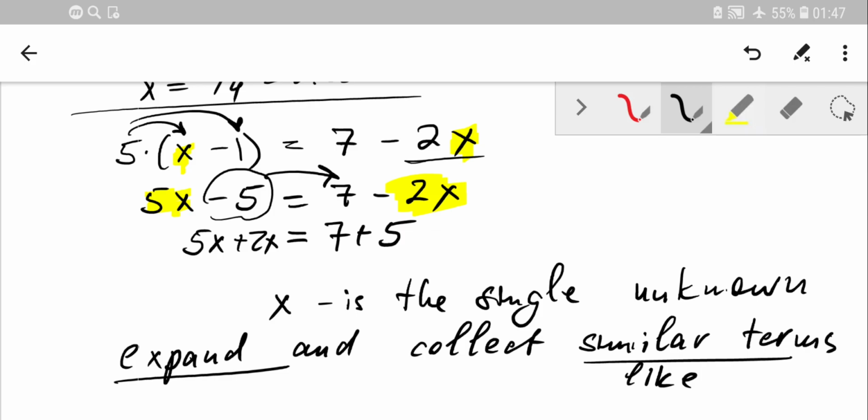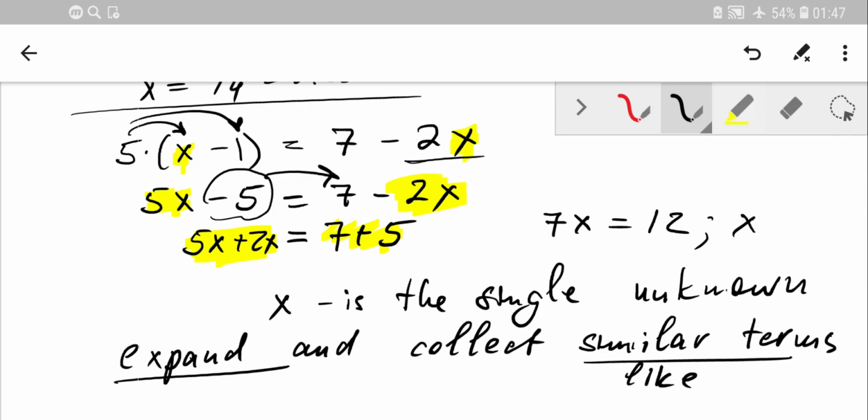Before it was negative, swap to positive. If it's vice versa, swap to negative. So we've got variables on one side, technically one variable x, while the numbers are on the right side. Let's simplify then: 7x equals 12.